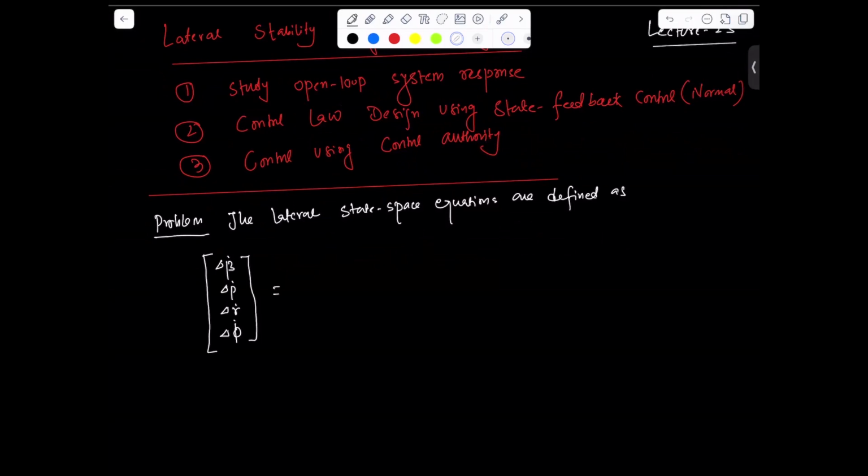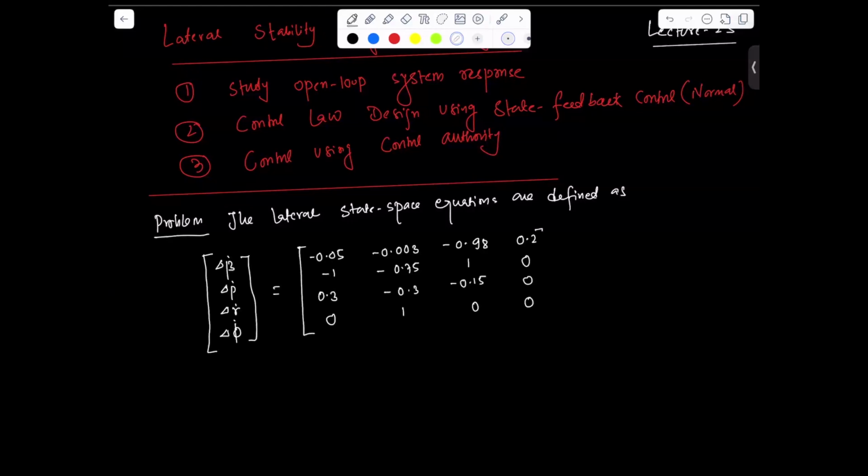And we have the system matrix: minus 0.05, minus 0.003, minus 0.98, and 0.2. These are the stability derivative terms in the system matrix. Minus 1, minus 0.75, 1, 0, 0.3, minus 0.3, minus 0.15, 0, 0, 1, 0, 0.